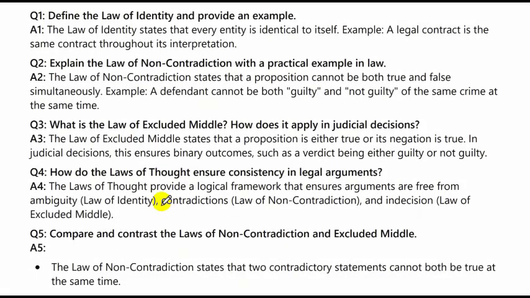Question number 1. Define the law of identity and provide an example. The law of identity states that every entity is identical to itself. Example, a legal contract is the same contract throughout its interpretation. The symbol that we use is A is equal to A. This is the law of identity.